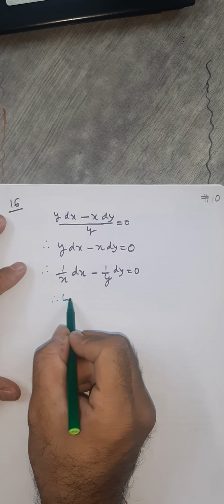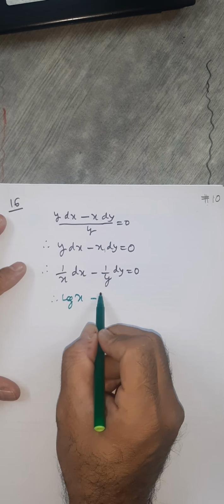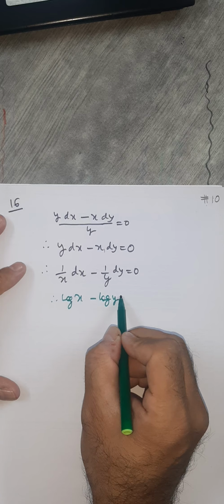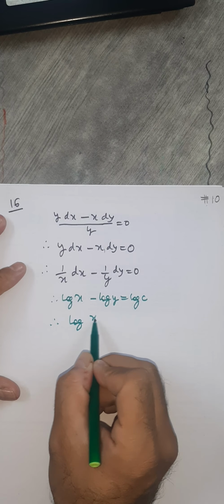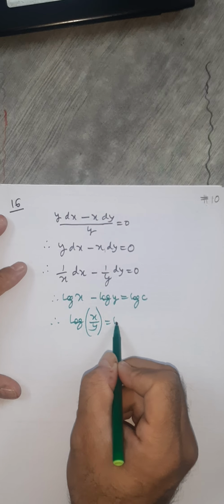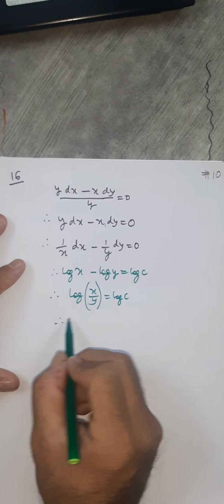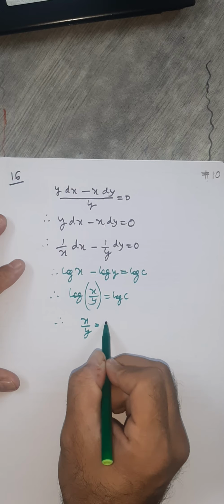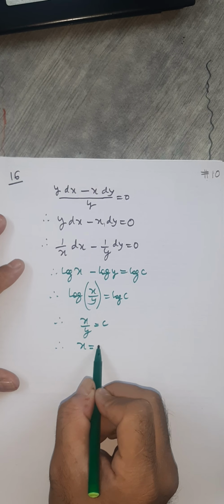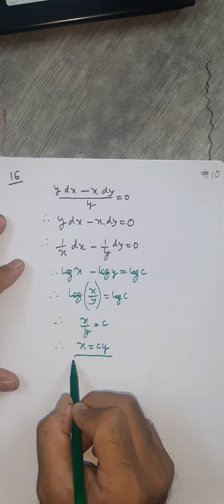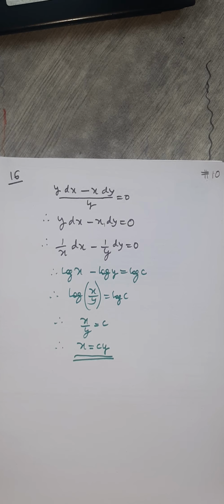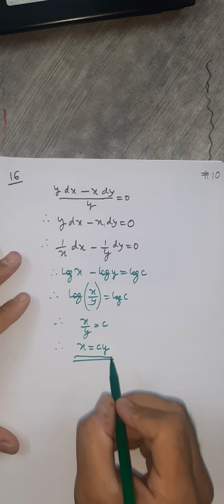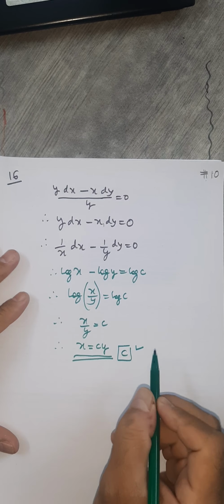This is nothing but log of x, log of y. At both the places I have log, so I can write log c here. By the property of the log function, x by y equals log c. And therefore x by y equals c, and therefore x equals c into y. Right? That is the required solution. Which method have I used? Just variable separable form, remember, and this is nothing but your option C.